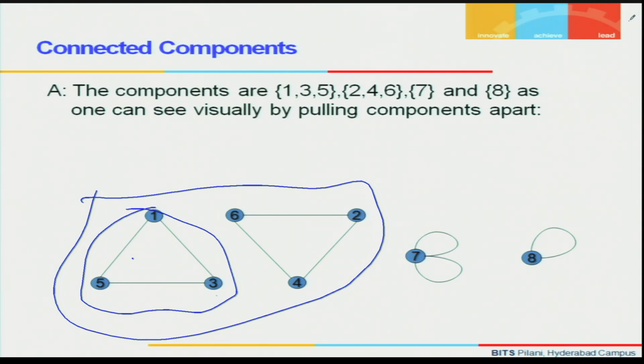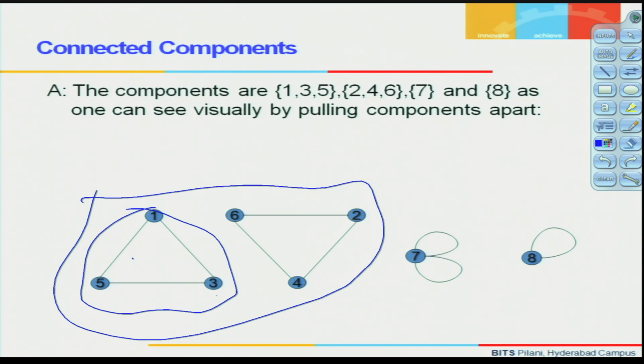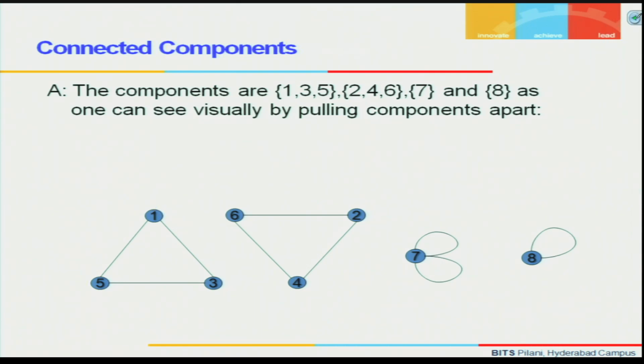Hence we say that this subgraph {1, 5, 3} is a maximal connected subgraph. There is no subgraph which is connected and containing this particular subgraph {1, 5, 3}. That is called the maximal property.